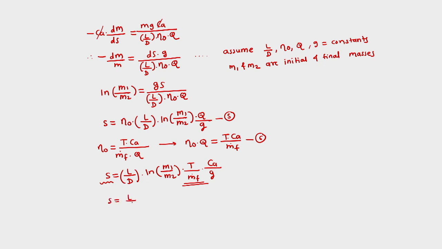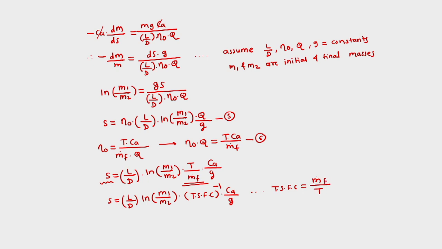That is basically related to specific fuel consumption, so the range is L by D into ln of m1 by m2 into thrust specific fuel consumption raised to minus 1 into Ca by G, where thrust specific fuel consumption was m dot f upon thrust.